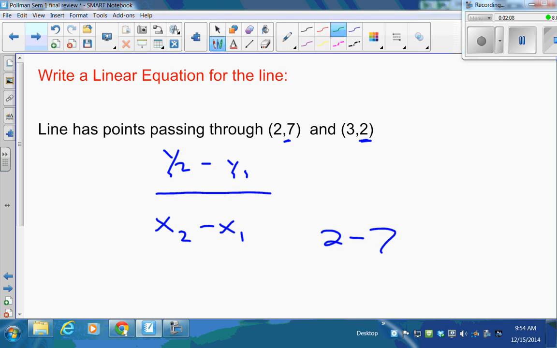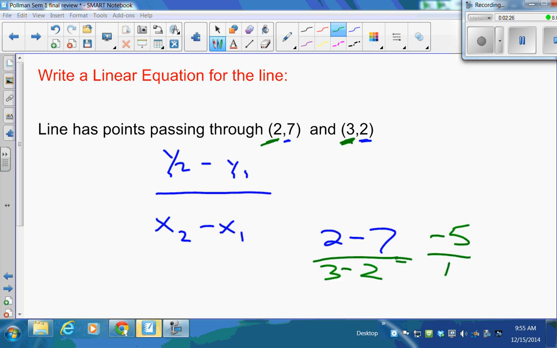My second x is 3, and my first x is 2. When I have that, I do my math. 2 minus 7 is negative 5, and 3 minus 2 is 1. So I have negative 5 over 1, or negative 5 is my slope.